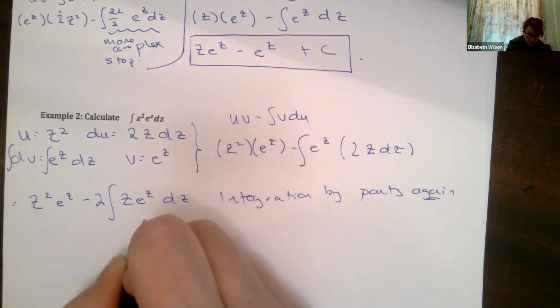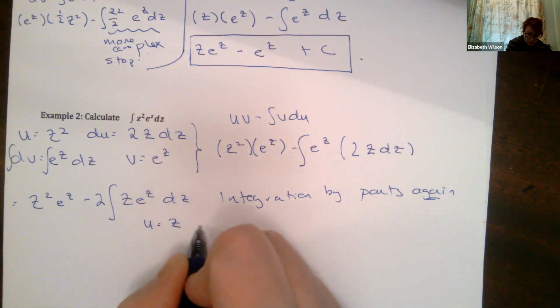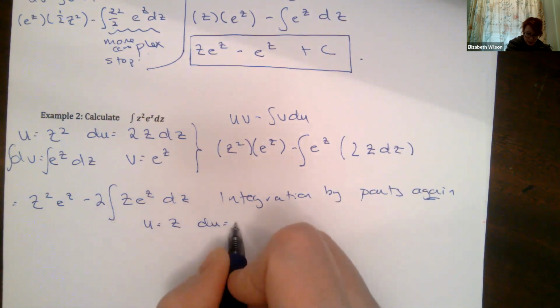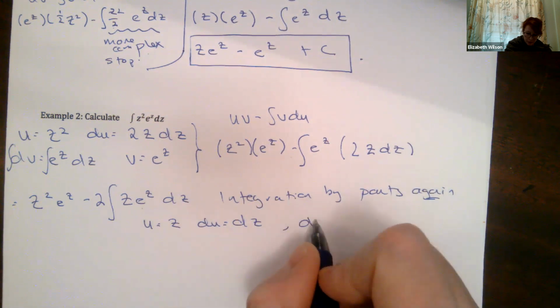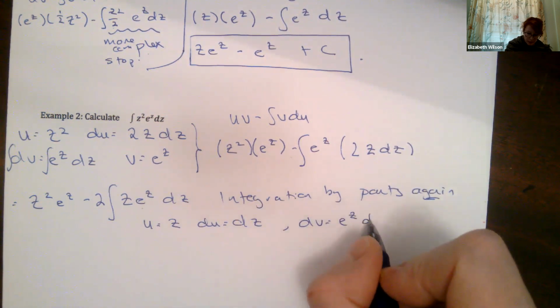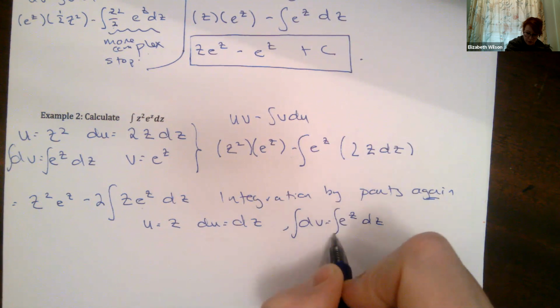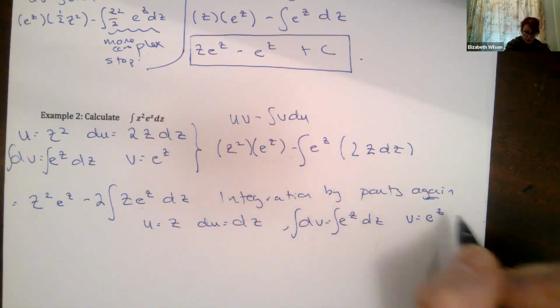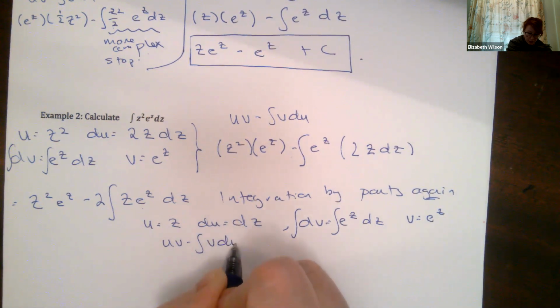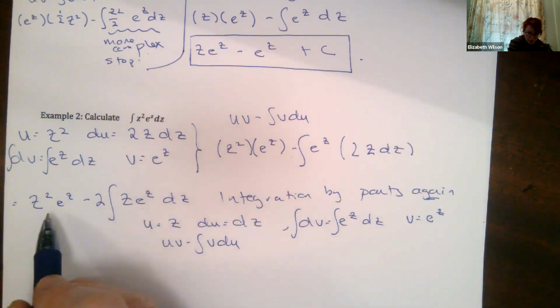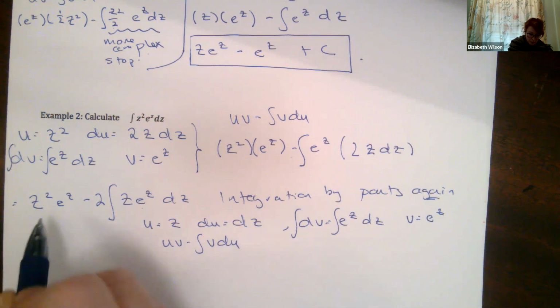I'm going to say my u is equal to z. My du is equal to, take that derivative, dz. My dv is equal to e to the z dz. I need to take the integral to solve for v, is e to the z. So now I need to go uv minus integral of v du, but right here. Okay, so watch what I'm going to do. I'm going to remember I've got this bit here I have to bring down.